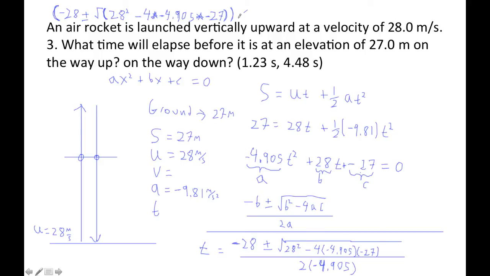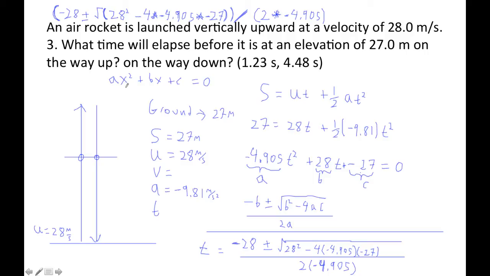And now we go divided by, and then we got to do parentheses to begin our denominator. This is why the fraction thing is very cool. 2 times unary minus 4.905. Now we're all set. So let's see if I can do that on my calculator. I'm going left parenthesis, opposite of 28.